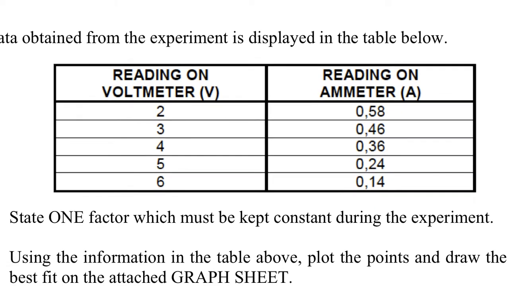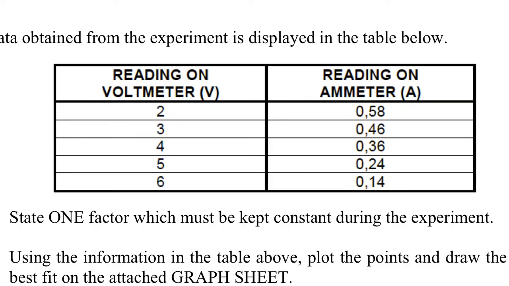And something that is important to note here is that as the voltmeter reading increases, the ammeter reading decreases. Now, the way this table has been set up, the left column is invariably the independent variable, and the right column represents the dependent variable.